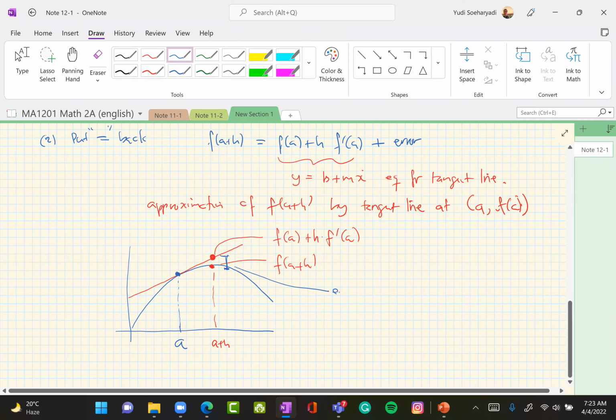The error should satisfy this one here. If you compare it to h, it's even much smaller.